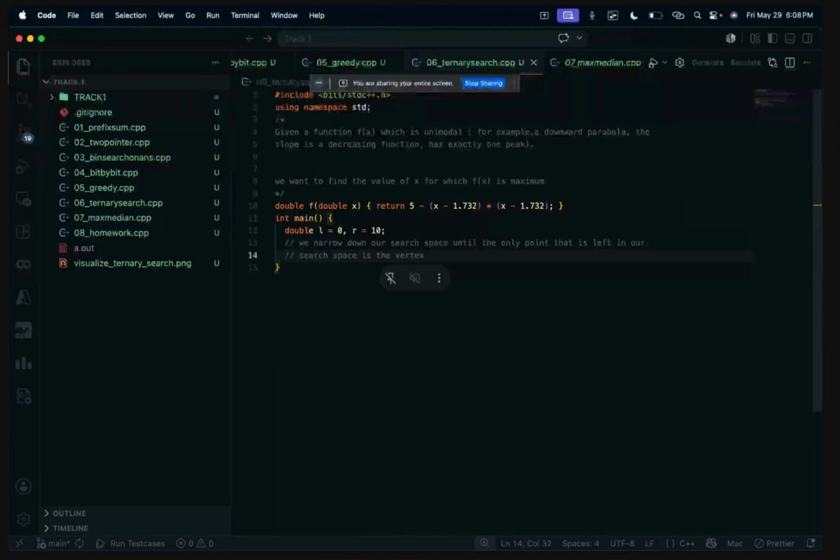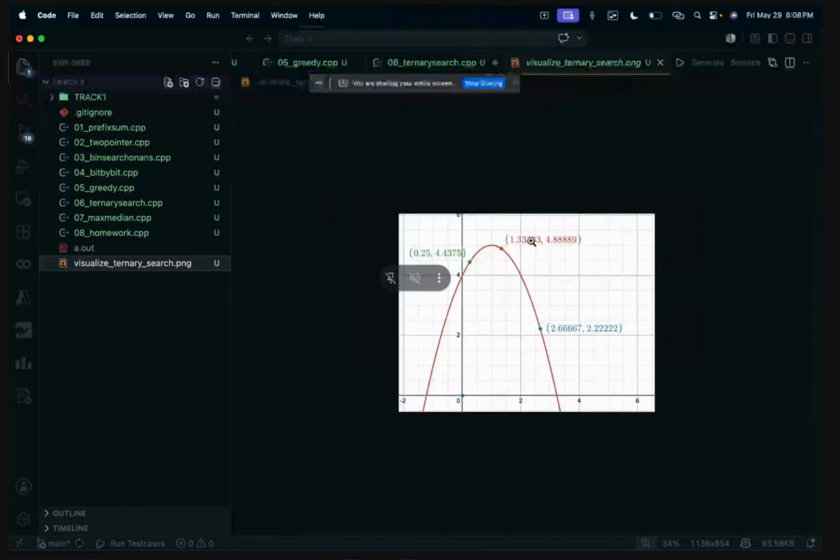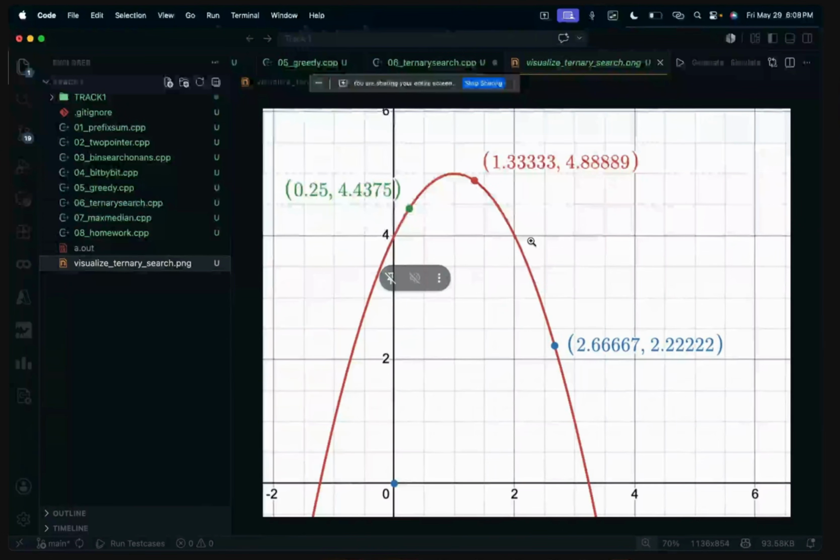Right. So how this algorithm works is, in binary search, we had exactly one midpoint. So you might already know why binary search would not work here. It is because, say we have some mid, say here. We do not know if the mid lies in the decreasing part of the parabola or in the increasing part of the parabola.